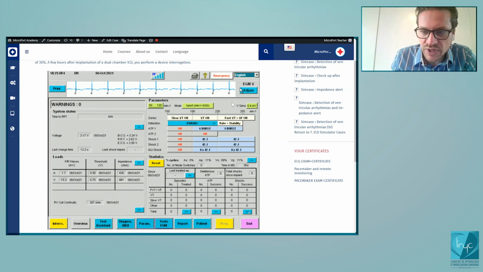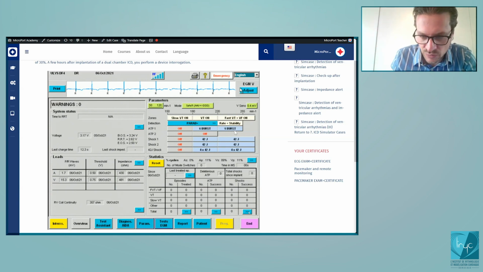And then we have the VF zone, which is a bit funny because there seems to be a button which is a little bit more narrow than this button for the therapies, meaning that the shocks are similar, but there is a fast VT zone between 220 and 255 beats per minute, which is actually in the VF zone, but when the tachycardia meets certain criteria, of course, the rate, so being between 220 and 255, and it's stable, then it will also perform ATP1 or ATP2 therapy.